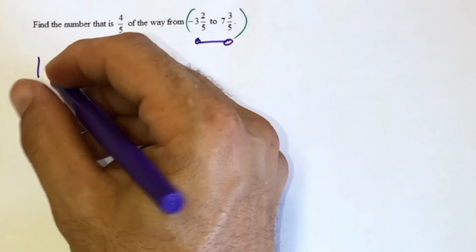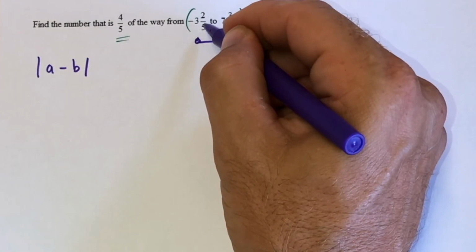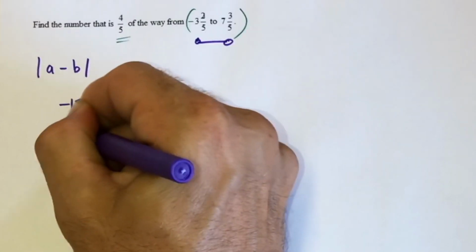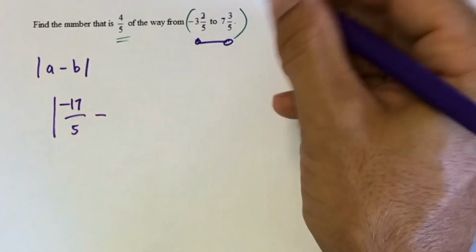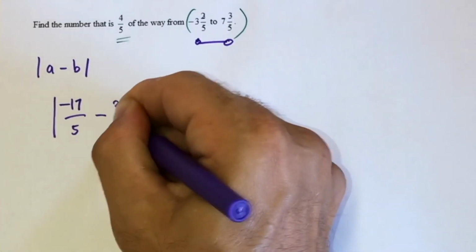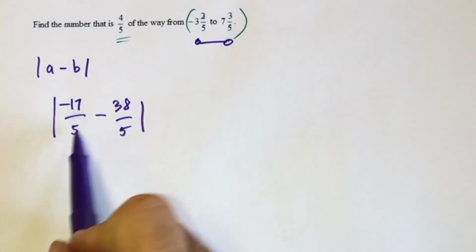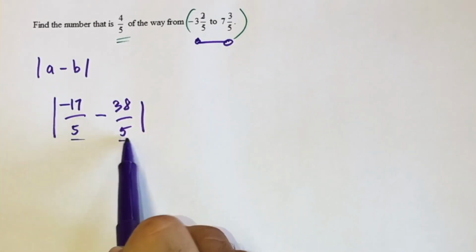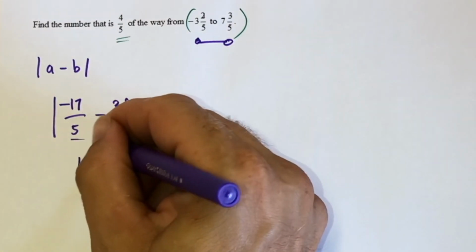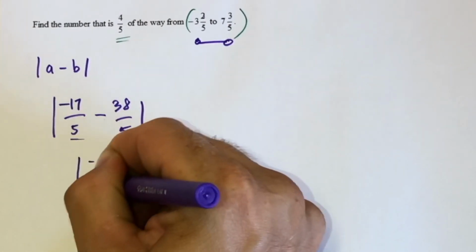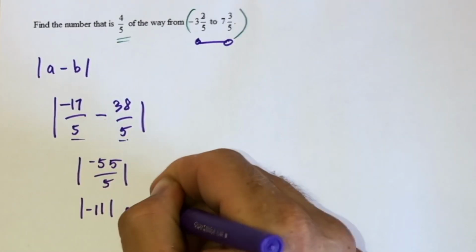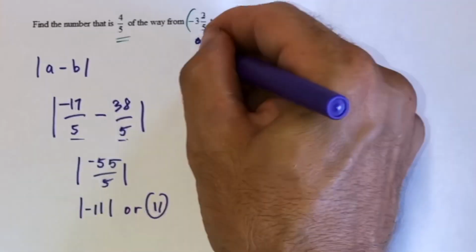And in this case, again, I want to go to improper fractions. 5 times 3 plus 2 is negative 17 over 5, minus 5 times 7 plus 3, 38 over 5. And I have like denominators, so no change there. I'm subtracting from another negative, so I'm adding negatives. I end up with a negative 55 over 5, a negative 11, or 11 here. So my distance from here to here is 11.